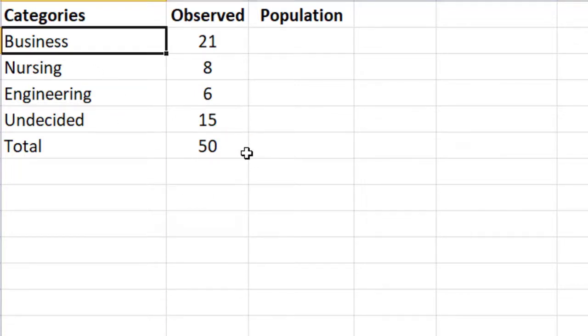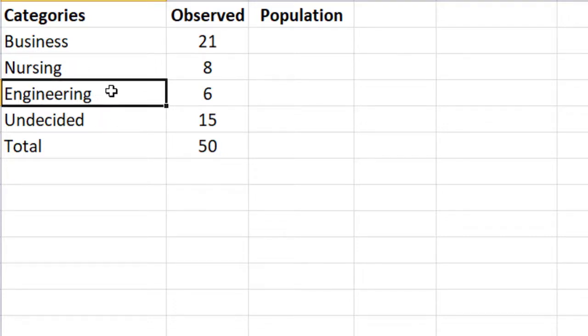So now here's how I organized the data that we have read in the wording description of our problem earlier into a table like this. These are the different majors mentioned in the problem. There is business major, nursing major, engineering major, and there is someone who is undecided.